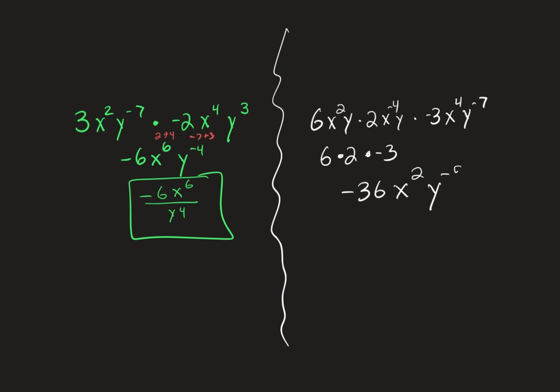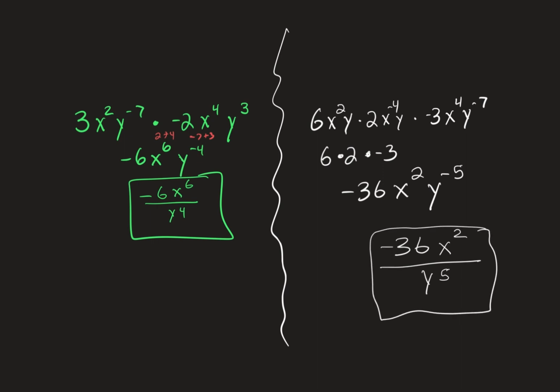Negative 5. Are we done? Nope. What's in the numerator? What's on the top? Negative 36 x squared. On the bottom? Y to the 5th. And there's your solution.